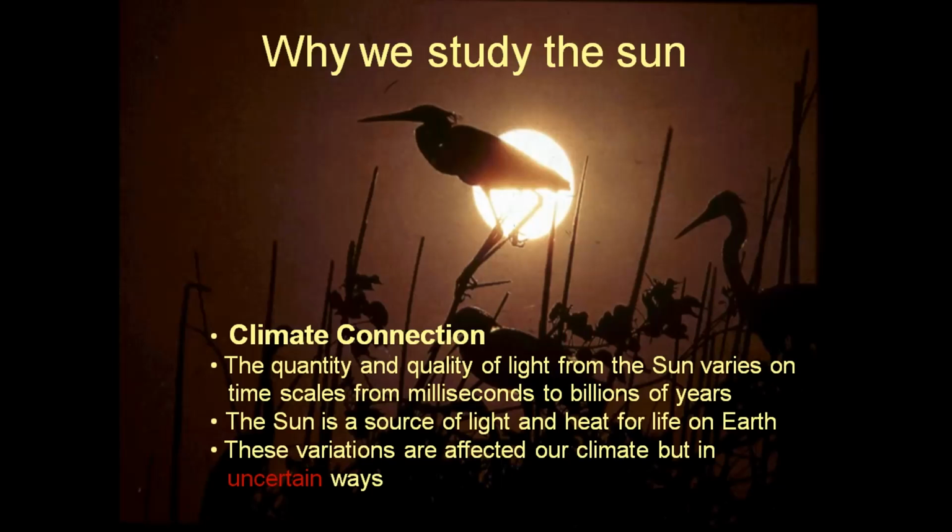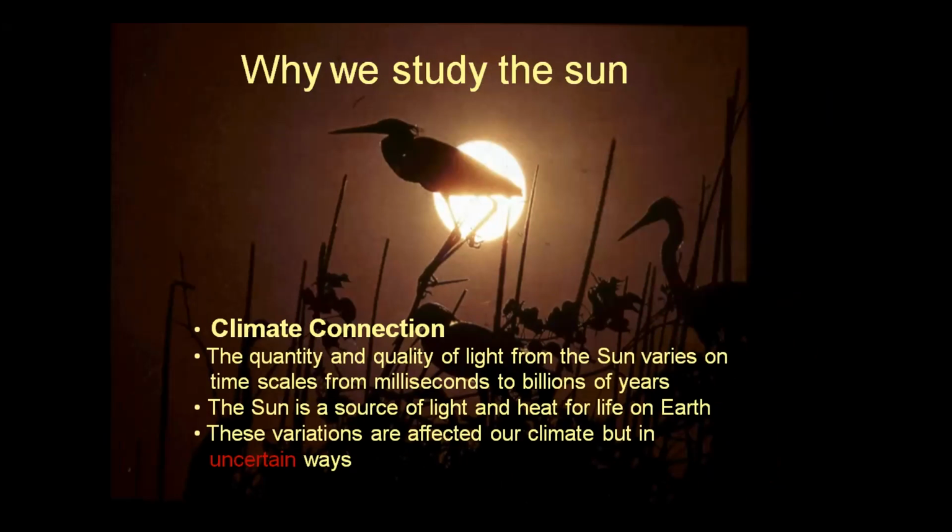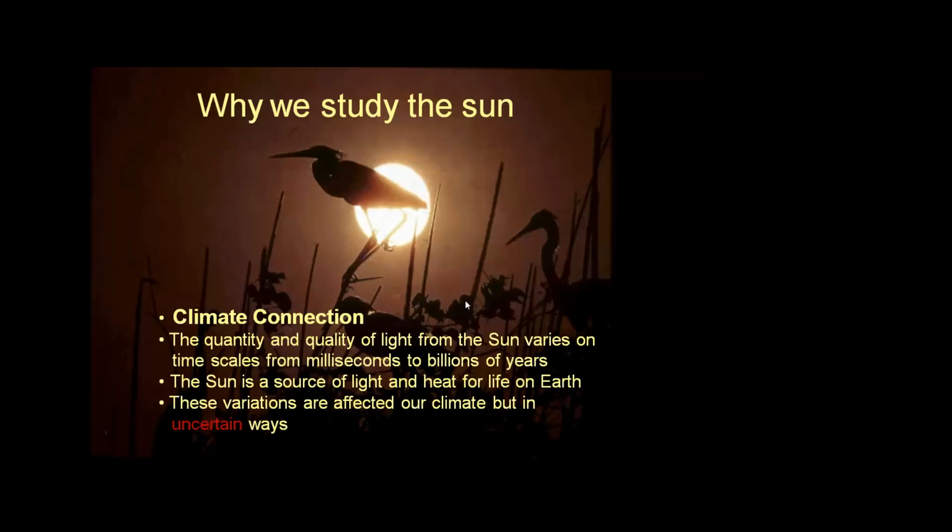Sometimes very short time variations, like 1 day or 2 days, or maybe within 1 hour or 2 hours. Or maybe long time variations, where we ask whether there is any connection or periodic changes. So there are a lot of things we have to look at. That's the importance of studying the sun.